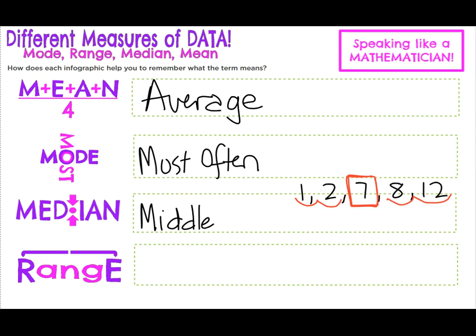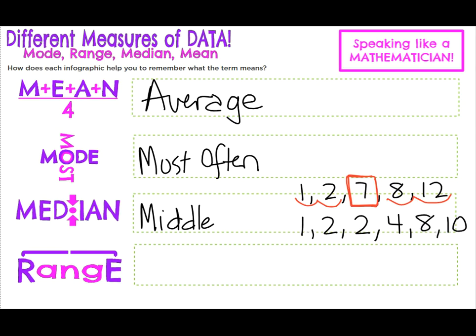And something that can happen with median is that sometimes you have an even number of data. So maybe something like this. Now we're not going to have a middle number because we have an even number of data here.